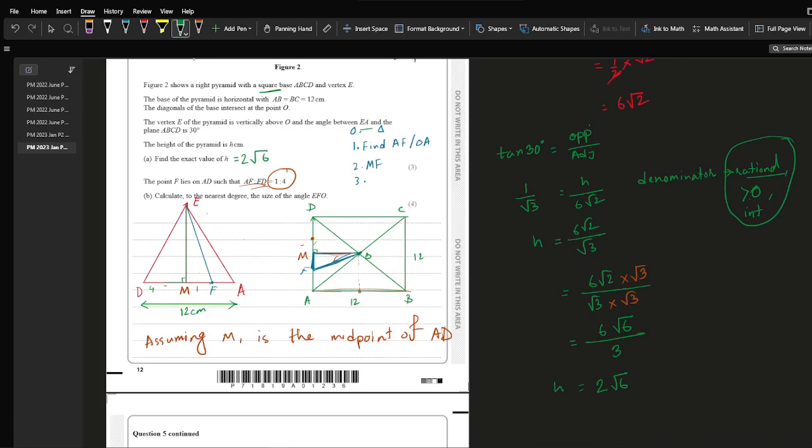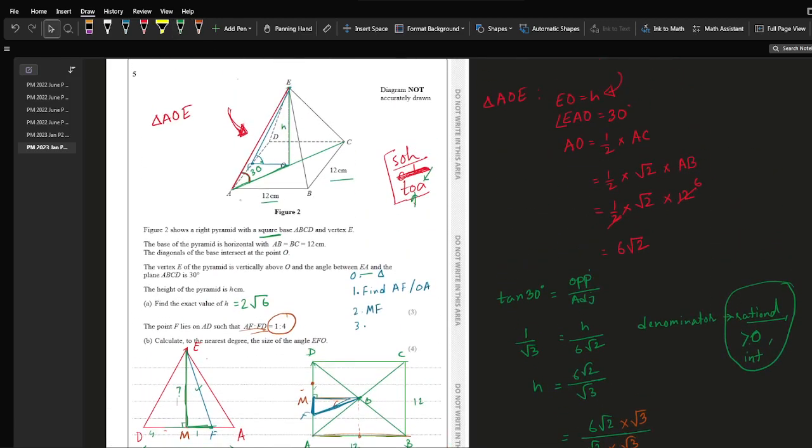Now let's look at this. We already have MF. We need this side, and we have to find this one. In order to find this side, we don't really have anything right here, so maybe we can use H, and then this 30-degree angle to get AE. Once we have AE, can we do something here that would help us find this?